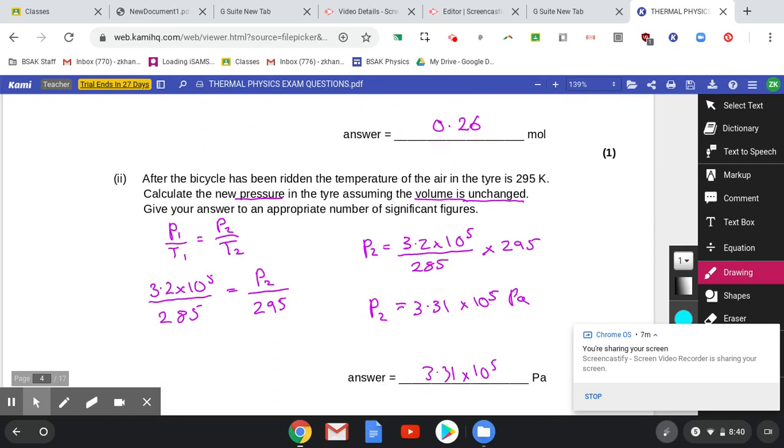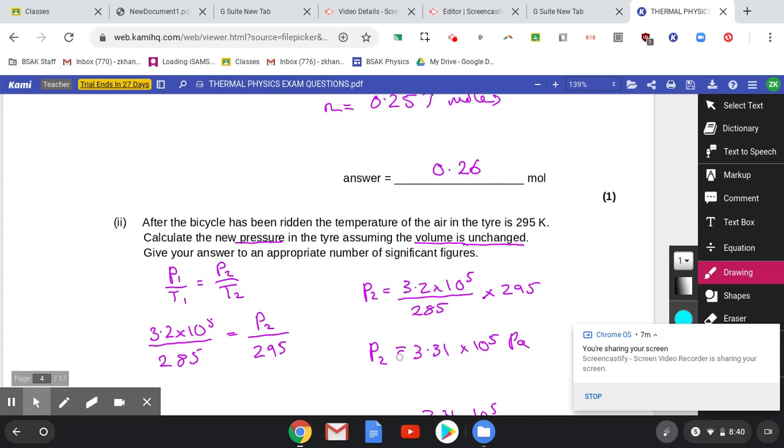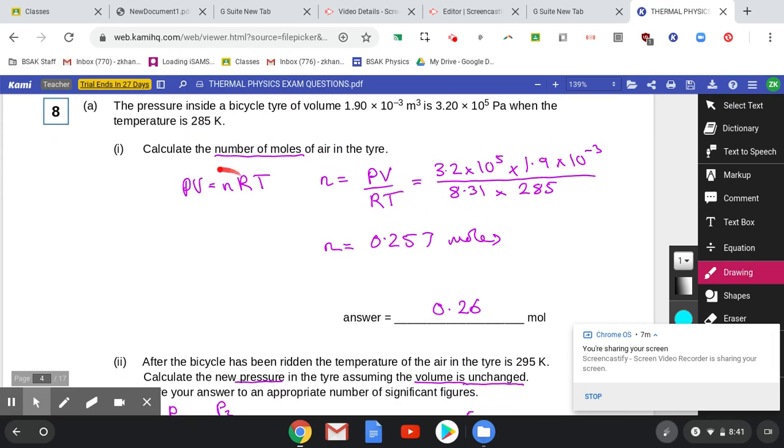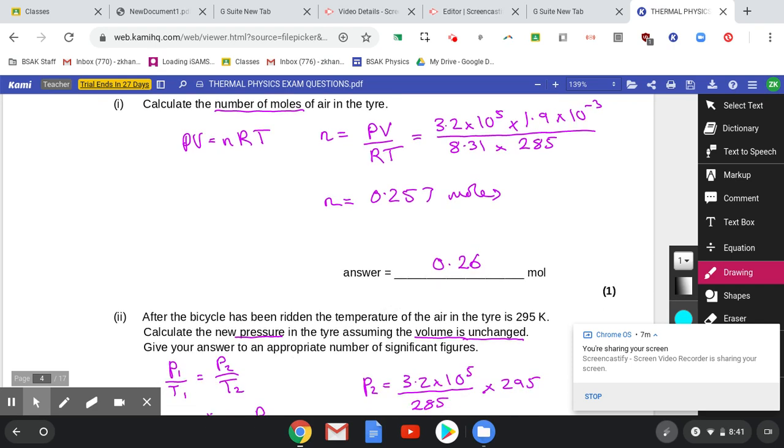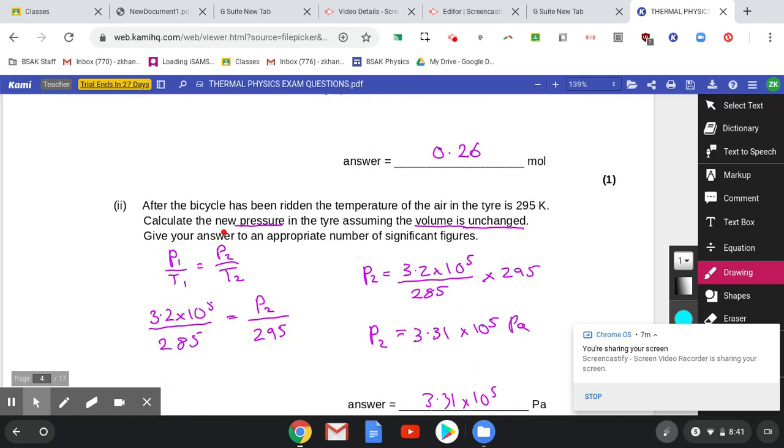So the volume of the tire is unchanged, and we know that if the volume is unchanged, the number of particles inside the volume is unchanged, then pressure is directly proportional to temperature. So what we can write down is either P1 over P2 is equal to T1 over T2, or we can write P1 over T1 is equal to P2 over T2.